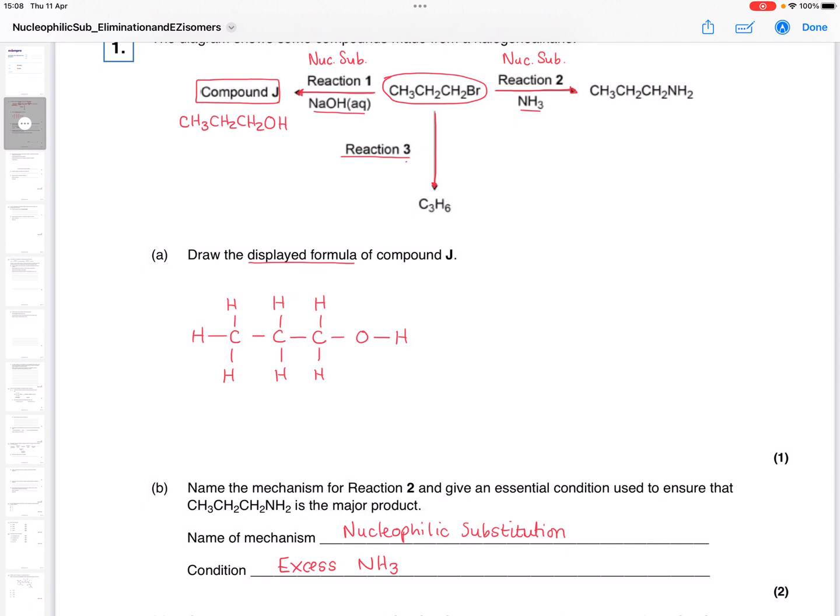We need to use more of the ammonia than of the halogenoalkane starting material. Switching that condition around and using an excess of the halogenoalkane would lead to successive substitution, something that we cover a little bit more in the amines topic of year 13.